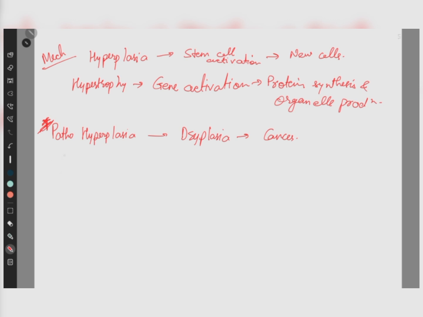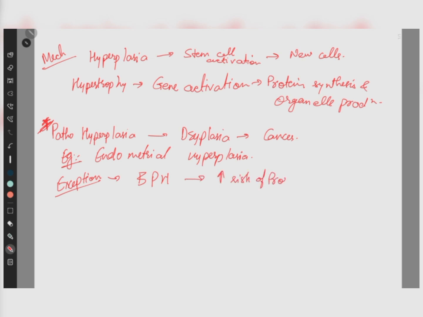A classical example for this is endometrial hyperplasia. And exception to this is, as you know, exceptions are always present, benign prostatic hyperplasia, which does not increase the risk of prostatic cancer.